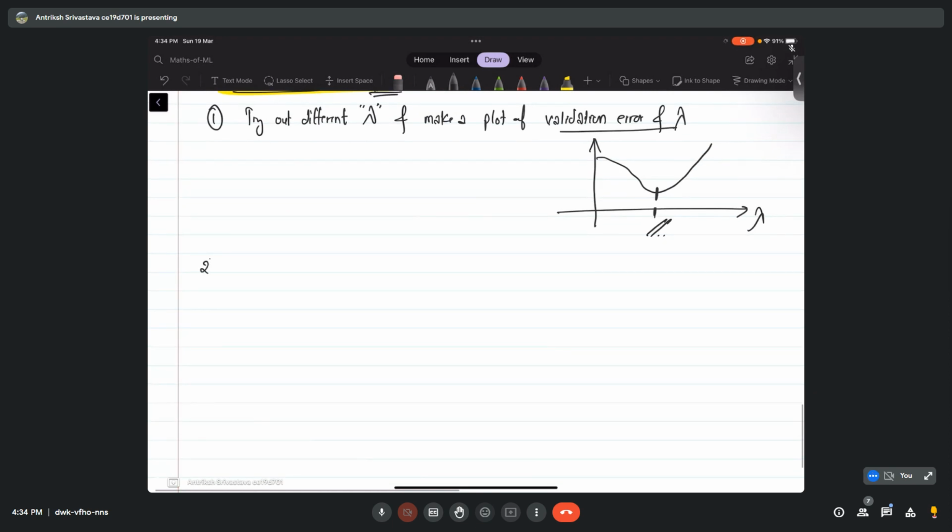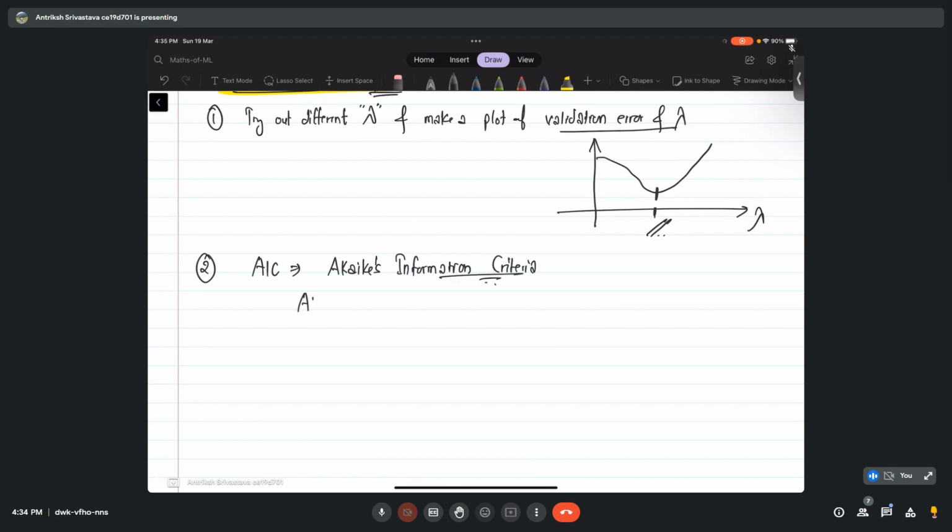Another way is to calculate either AIC, that is, I forgot the full form, let me check, Akaike's information criteria, or Bayesian information criteria.